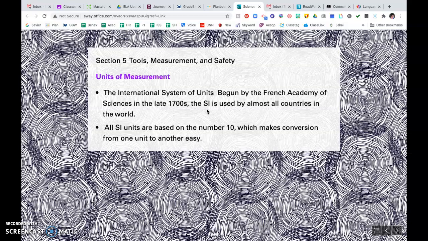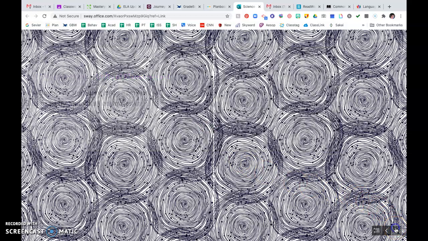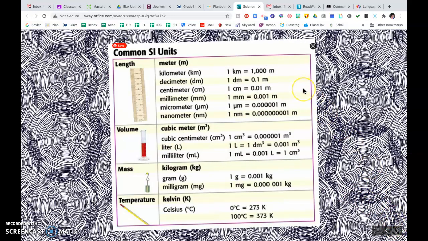Well, we use it, but we also use customary measurement as well, like feet and inches and miles. So, the SI, the International System of Units, they are all based on the number 10. And this makes being able to convert those units from one to another very, very easy, because all you're doing is moving a decimal point back and forward.